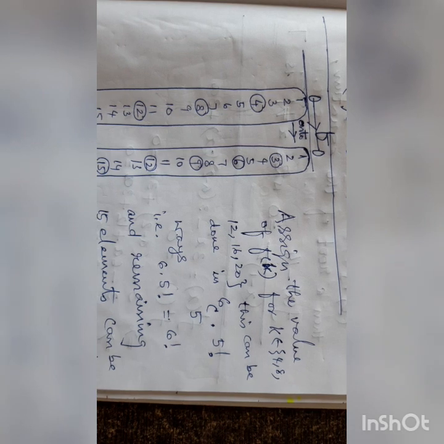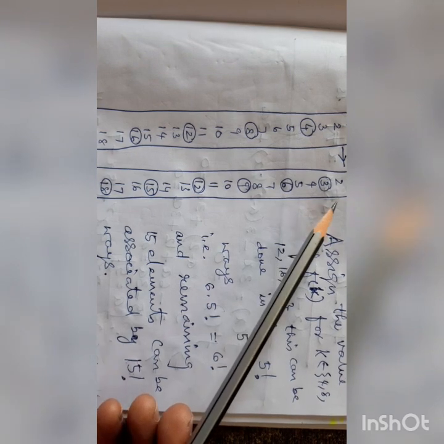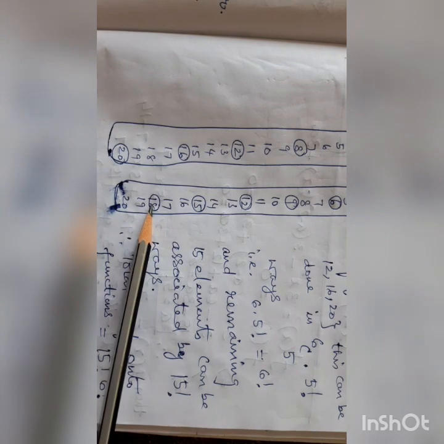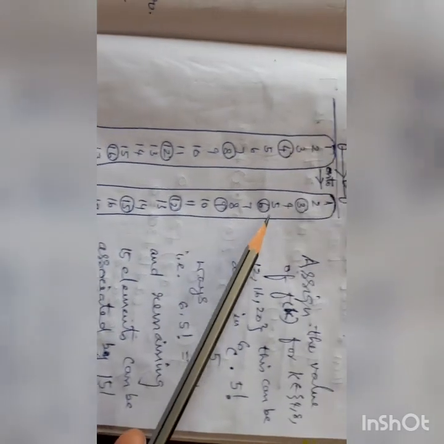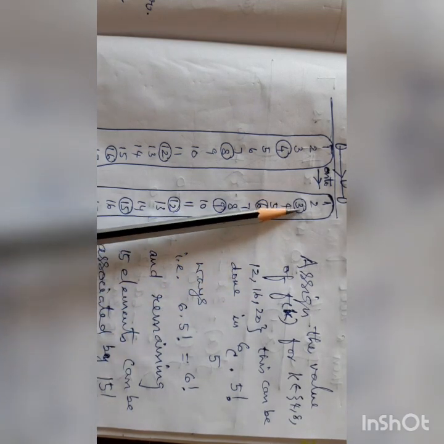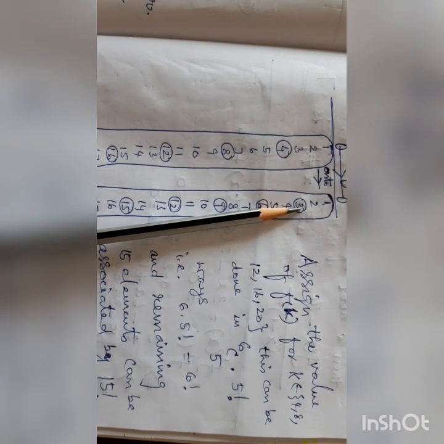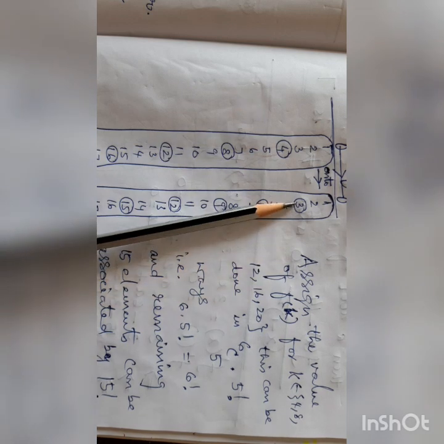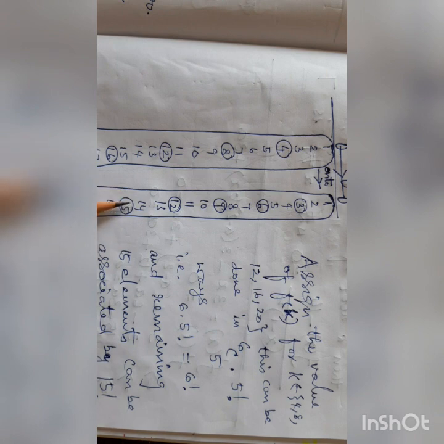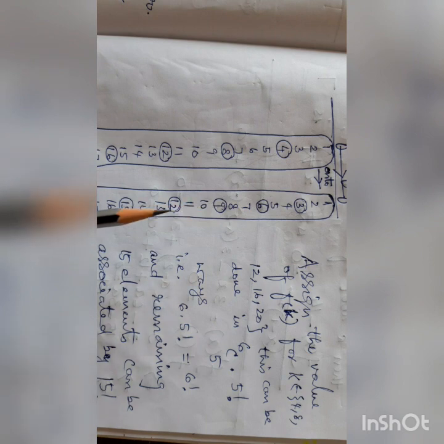How has it come? Here, number of onto functions now. How many are there? 1, 2, 3, 4, 5, 6 are there. Out of 6, onto means we have to assign so that each element must have its preimage. So for that I have taken 6 elements.